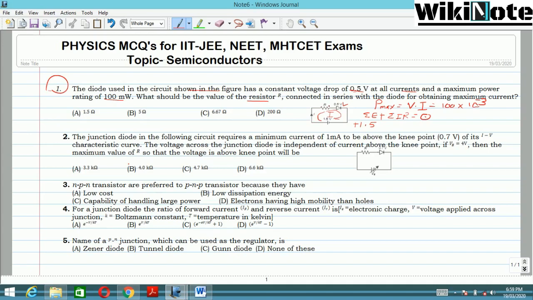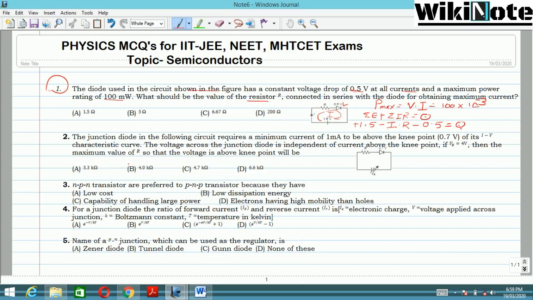Then across this resistance there will be a voltage drop. The current which is flowing is unknown, I, and the resistance R is also unknown for me at this moment, and the voltage drop across the diode is 0.5 volt. As the name suggests, it is a drop, so I have to consider it as a minus, equals to 0. So this is going to be my equation.